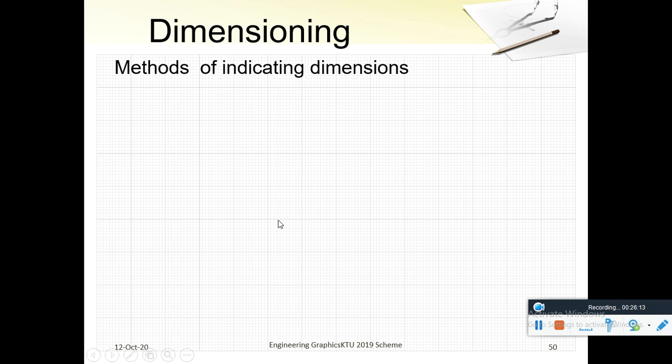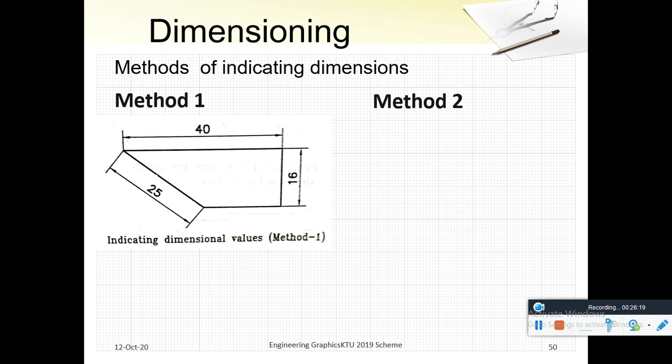And methods of indicating dimensions. There are 2 methods, method 1 and method 2. In method 1, all the dimensions are marked so that they can be read either from the bottom or from the right hand side.